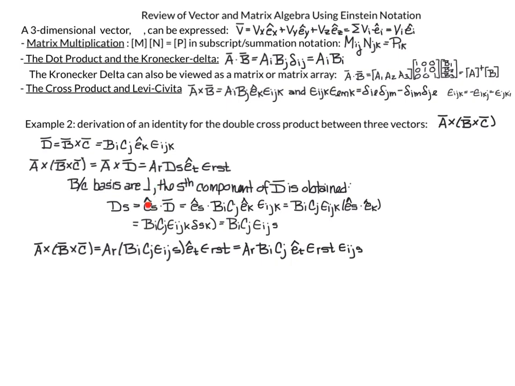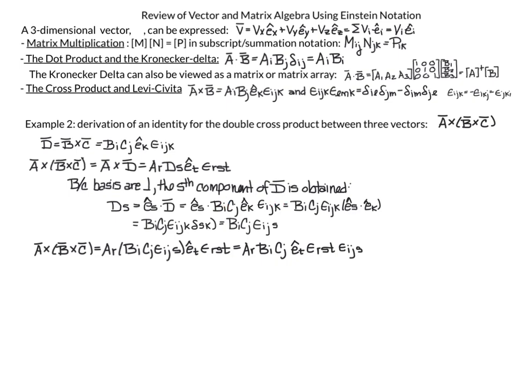Because all the other components, since R is perpendicular to S and T is perpendicular to S, will go to 0 when you multiply by e^S. So e^S, and then using this here for D, B sub I, C sub J, e^K, epsilon IJK. And now, while matrix multiplication is not commutative, these are components of matrices, so they're just numbers. So we can rearrange them.